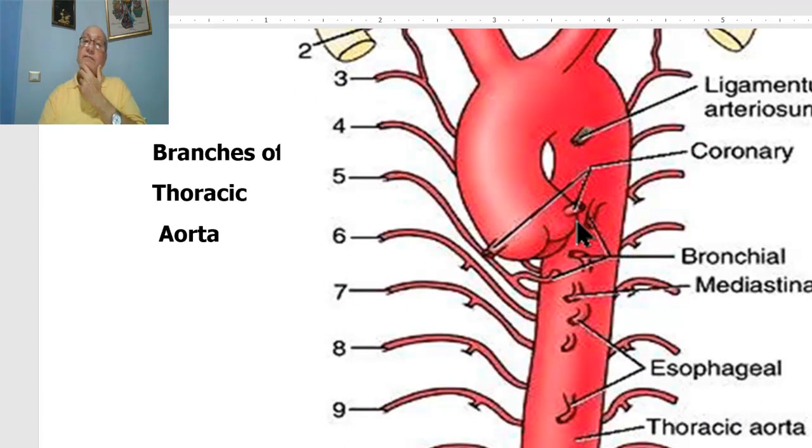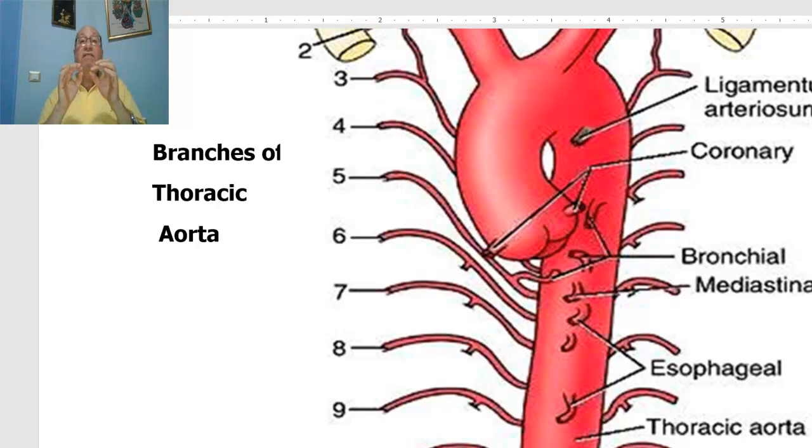First of all, there are paired branches: 9 pairs of posterior intercostal. Right and left posterior intercostal, from posterior intercostal number 3 to number 11. 9 posterior intercostal from 3 to 11.